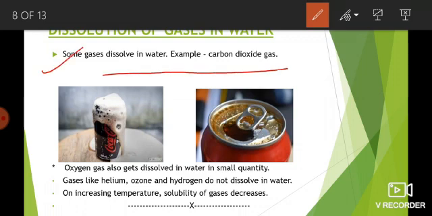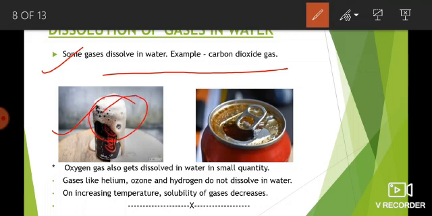An example is carbon dioxide gas. Let us again discuss one activity. We have to take a soft drink bottle and open its lid. As you can see here in this picture, we have to open its lid. What do we observe? We see gas comes out with bubbles.